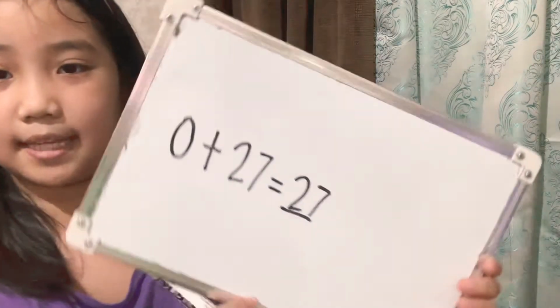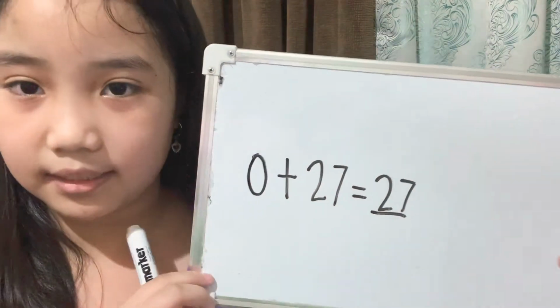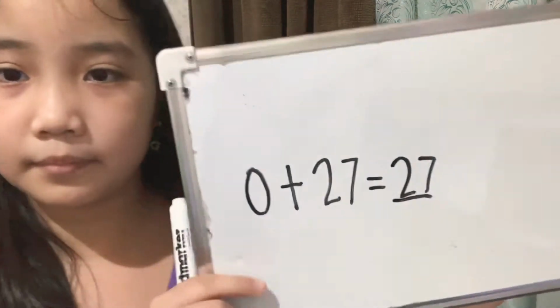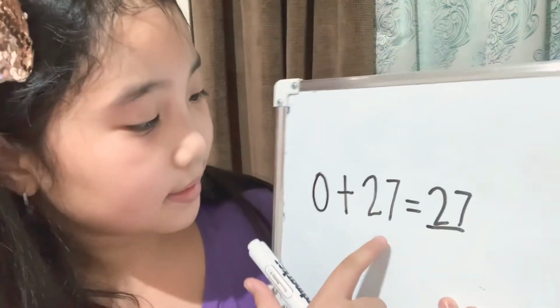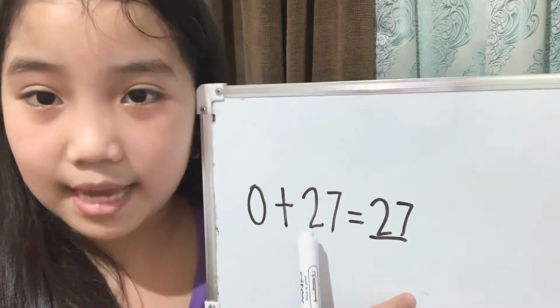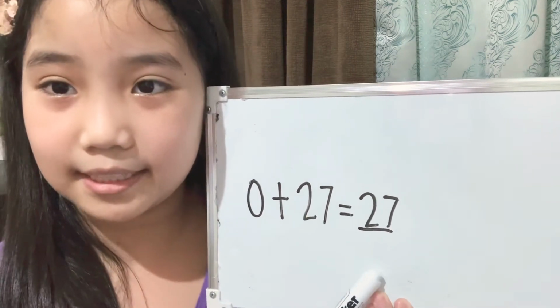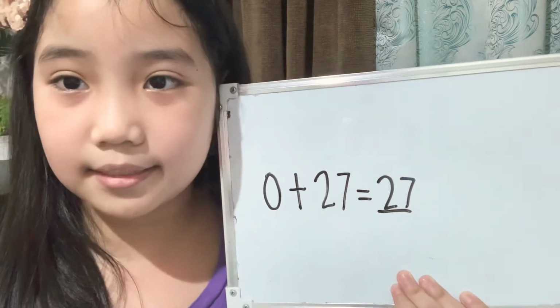This is the example of identity property. It's like 0 plus 27 equals 27. That is the example of identity property.